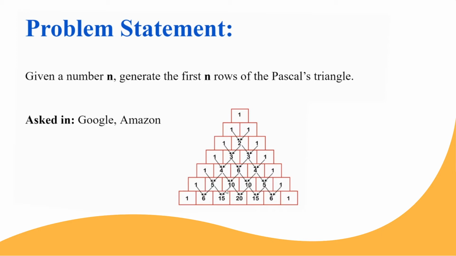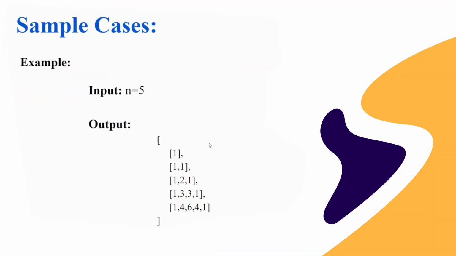Even though this is looking like a triangle, this is the second element of the third row, and it is the sum of the first element of the second row and the second element of the second row. So that's why a of i minus 1, j minus 1 plus a of i minus 1, j.